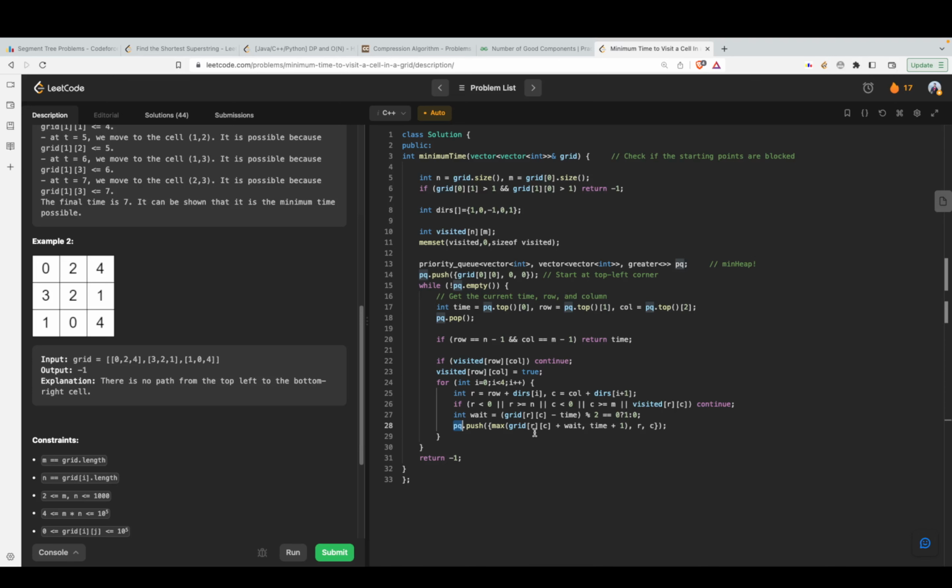So over here, the time at which you'll reach the particular node would be either the current time plus 1, or if your current time plus 1 is less than the time of the node next to you, in that case you'll be using the wait time plus whatever the grid time is, right? And then you'll be mentioning the cells. Cool. So that's it for the solution.